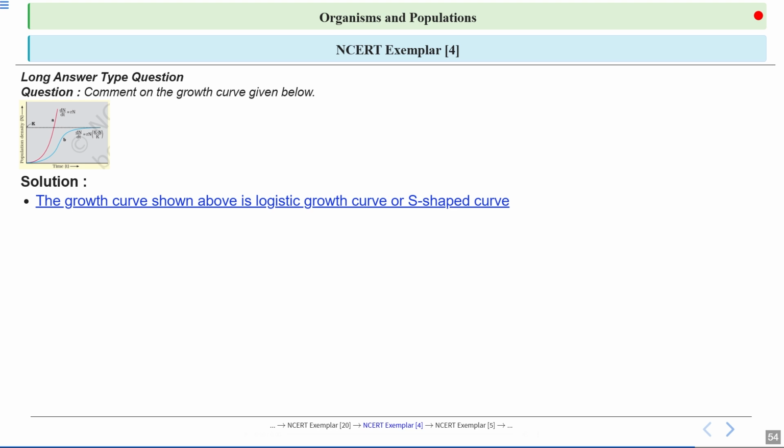Actually two growth curves are given to you. One is J-shaped, another is sigmoidal shaped. The J-shaped curve you get during exponential growth, and the sigmoidal curve you get during logistic growth. In exponential growth you get a J-shaped curve. In logistic growth you get an S-shaped curve.